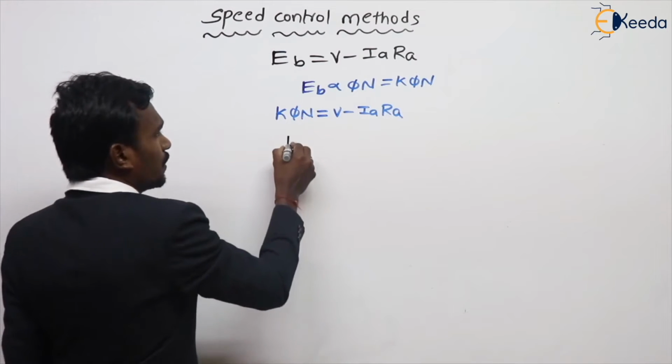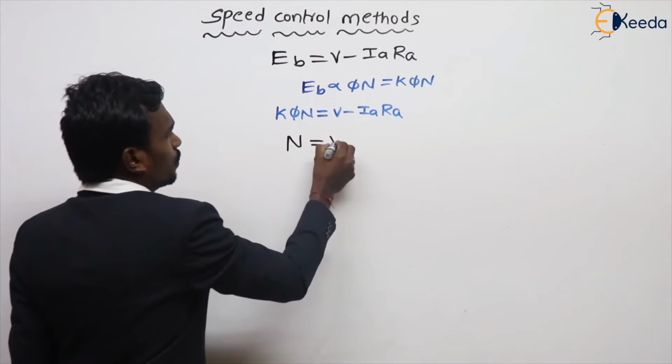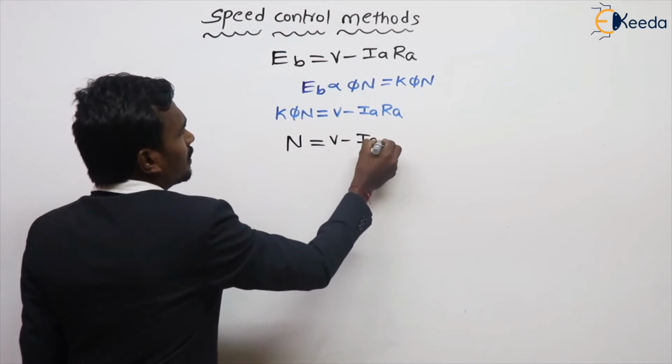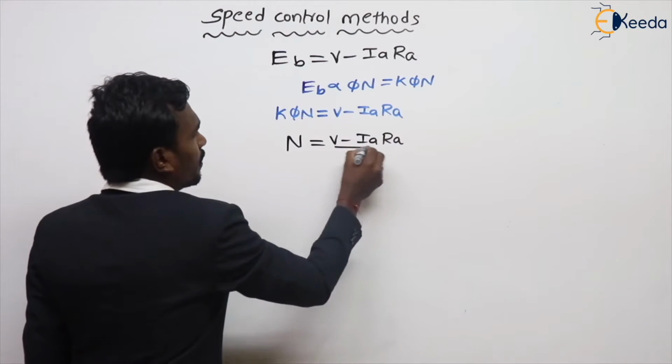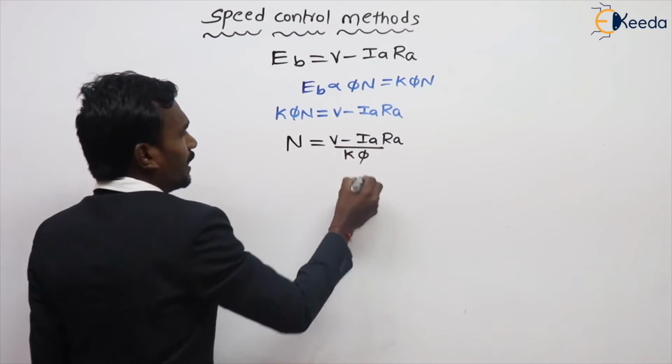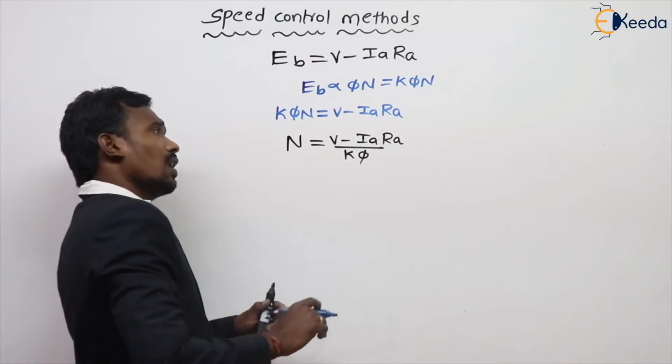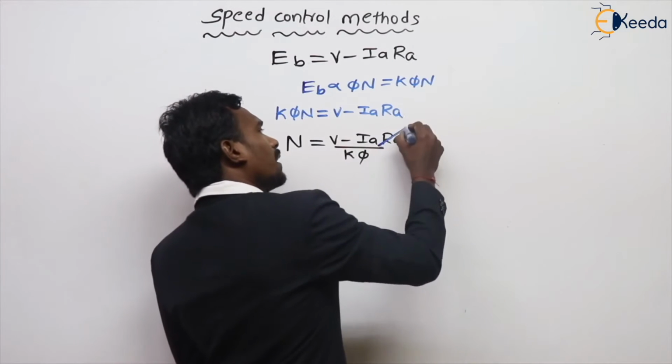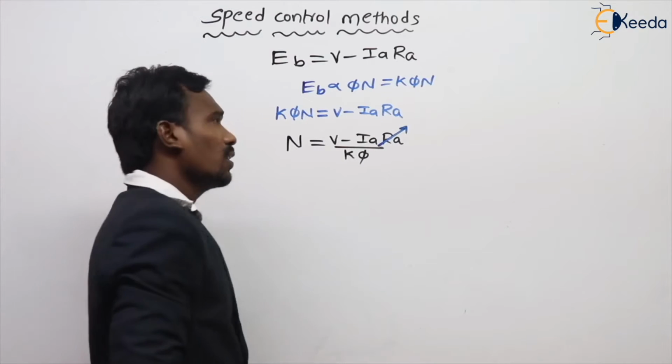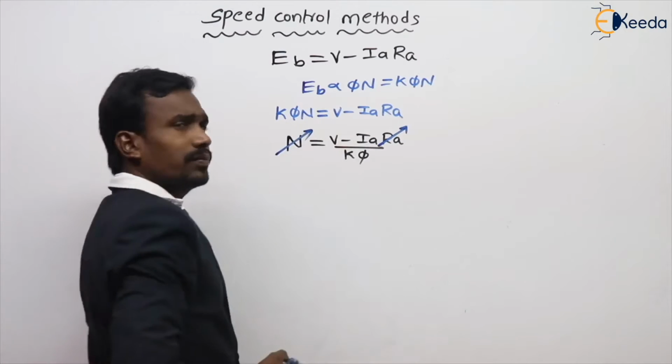So the speed N is equal to (V minus IaRa) by K phi. So either by changing the armature resistance, we can change the speed.